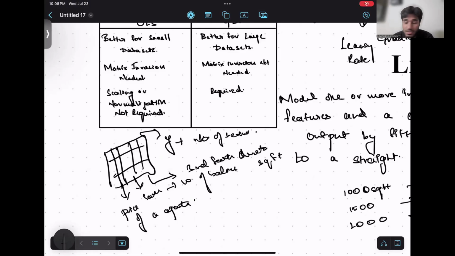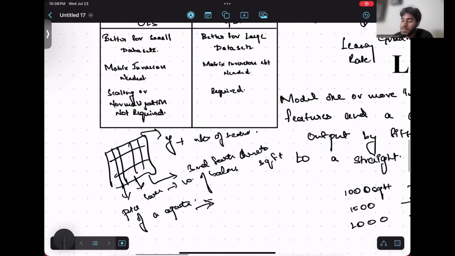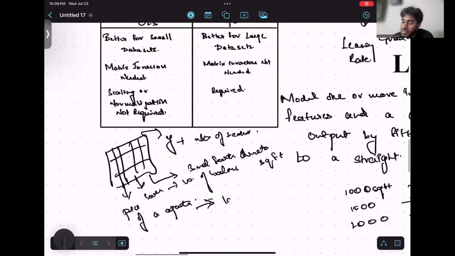If you look at these features, the first feature can be a very large term, like hundreds of thousands. The second feature is a negligible term, like one or two or three, something very small compared to this. And the third feature is a medium term, like 3,000 or 4,000.